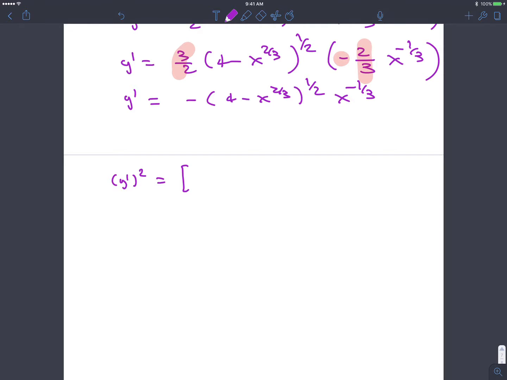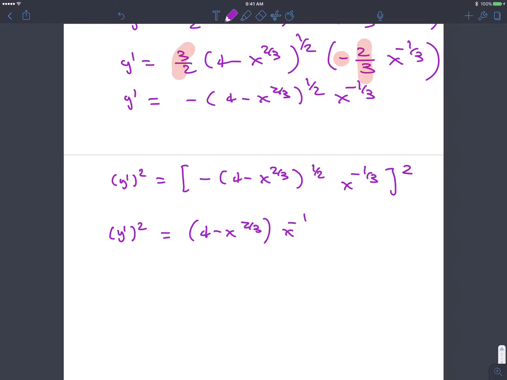And squaring this y prime, 4 minus x to the 2/3, 1/2, x to the negative 1/3. We're going to square this. We're going to get 4 minus x to the 2/3 power times x to the negative 1/3 power. So double check that algebra. Your biggest thing that you're going to do here is the algebra. Double check.